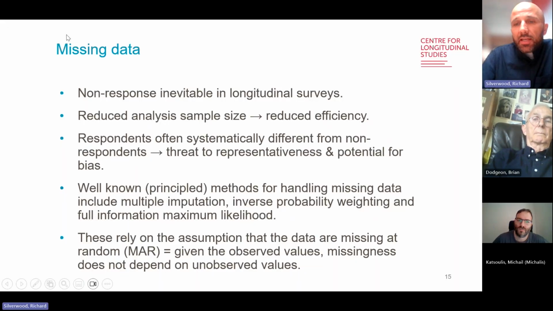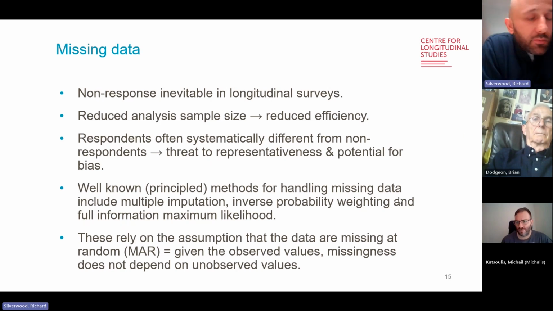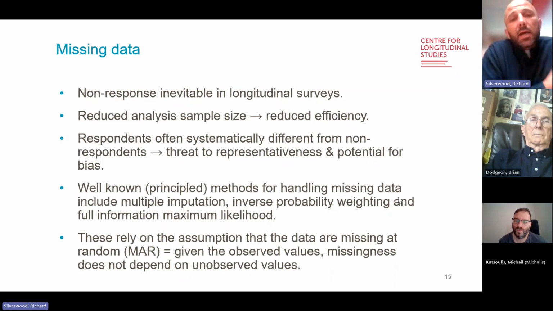So if you've been analyzing data from these sorts of studies, these long-running longitudinal surveys, then I'm sure you realize that some sort of missing data or non-response, as it's often referred to, is inevitable. Sometimes this might be for a variety of different reasons, and that may lead you to have to handle this missingness in different ways.